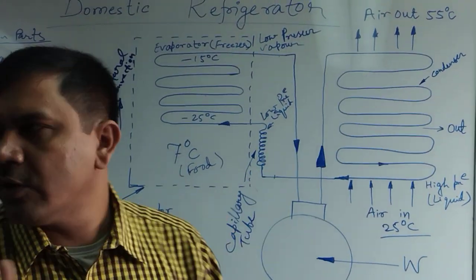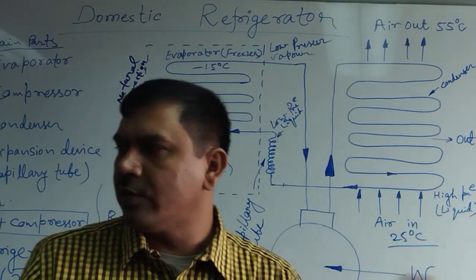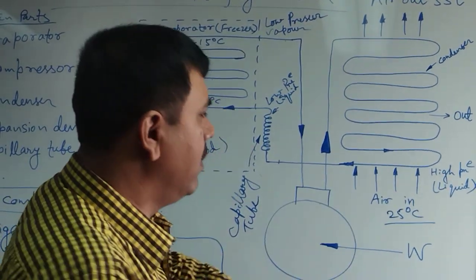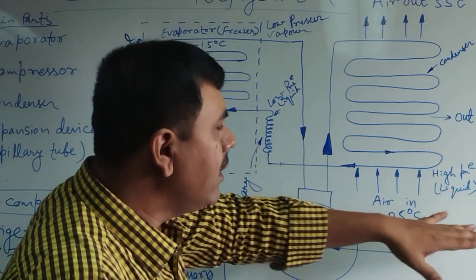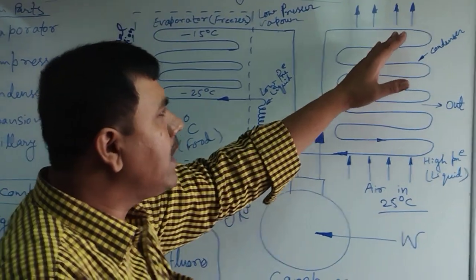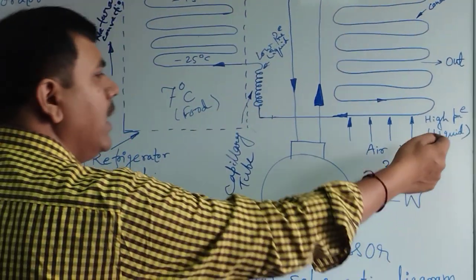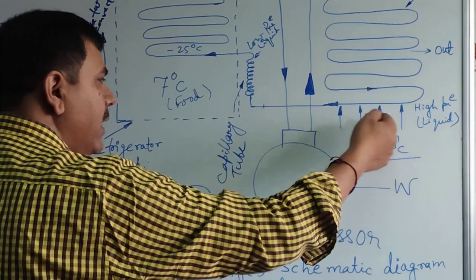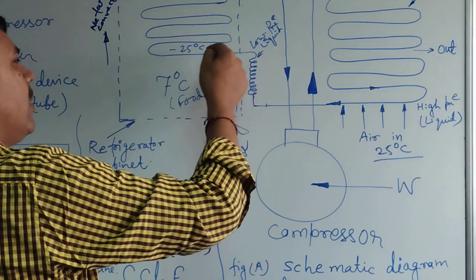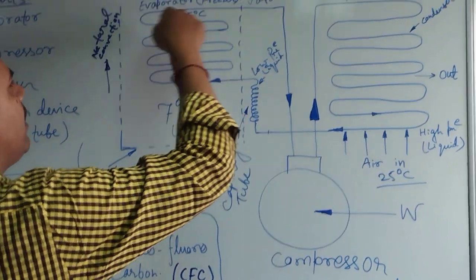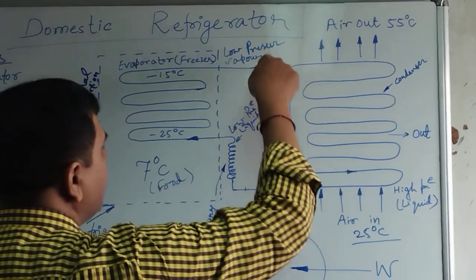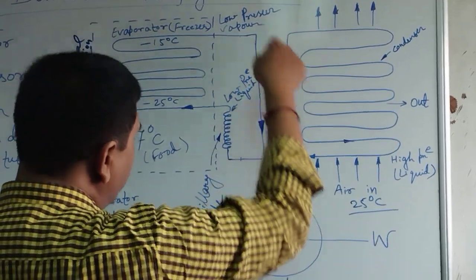Through natural convection, the heat is released from the high temperature to the low temperature surroundings. Here also natural convection occurs, and the outside of the body also releases heat, and the refrigerant cools into a high pressure liquid. In this liquid region, the refrigerant goes to the capillary tube, then to the freezer or evaporator, and then to the compressor.